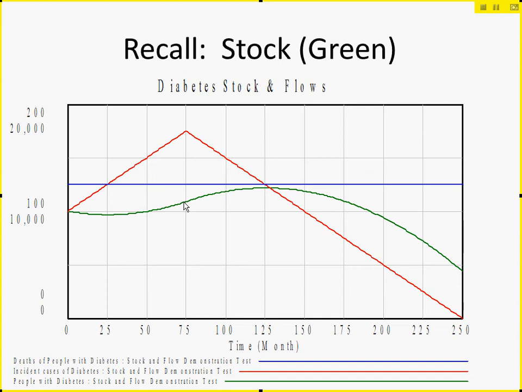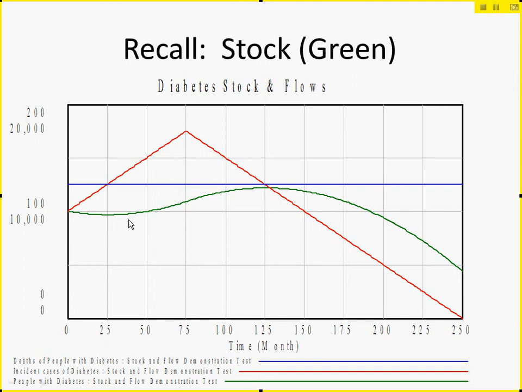The original number of people with diabetes? Yeah, the initial state of that stock, the initial value of that stock at time zero, right? If we had 200 people with diabetes initially, how would the stock be different instead of 100?